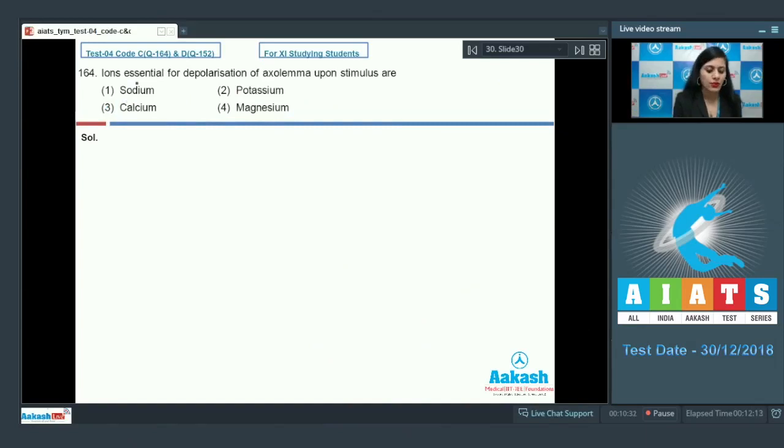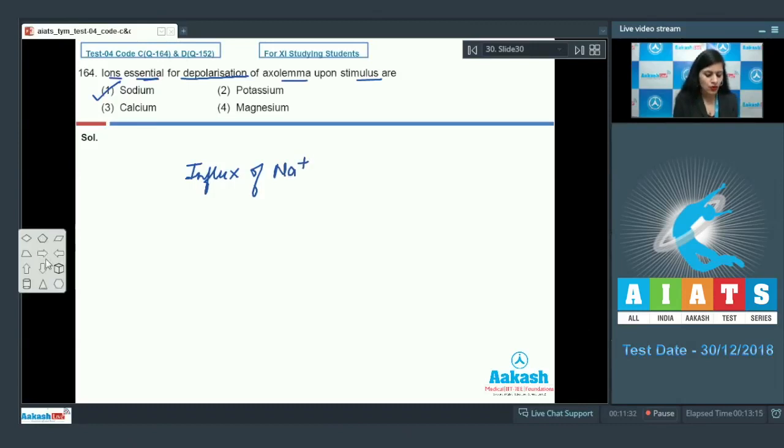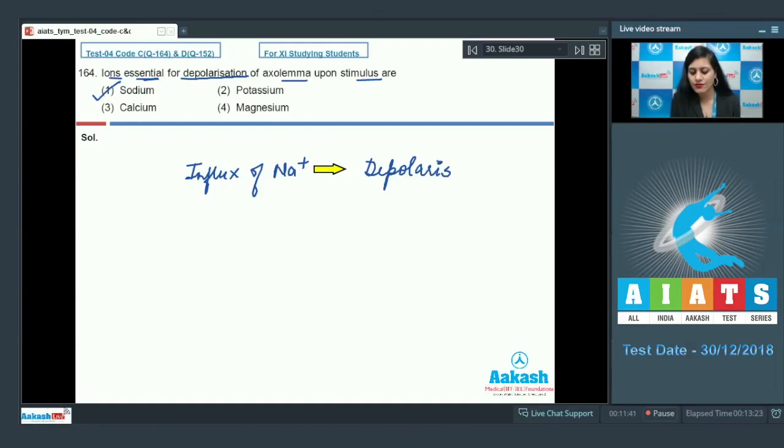Question number 164. Ions essential for depolarization of axolemma upon stimulus are. And this is a direct question, and the correct answer to this question is sodium, because it is the influx of sodium ions through voltage-gated sodium channels which leads to depolarization of axolemma.